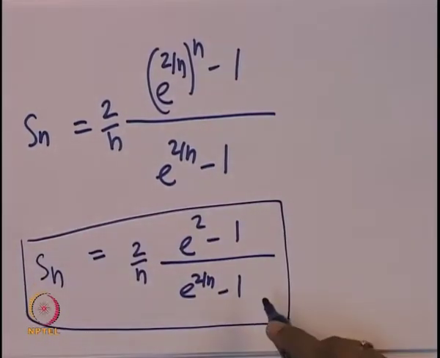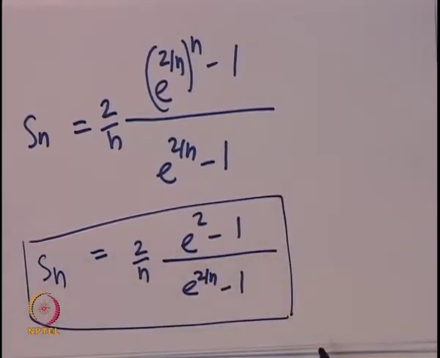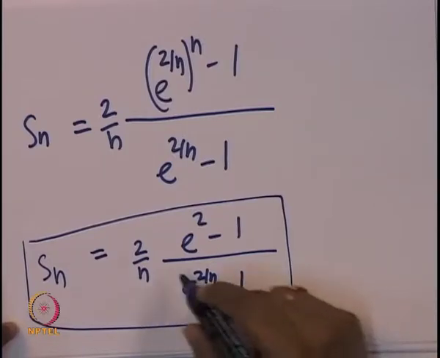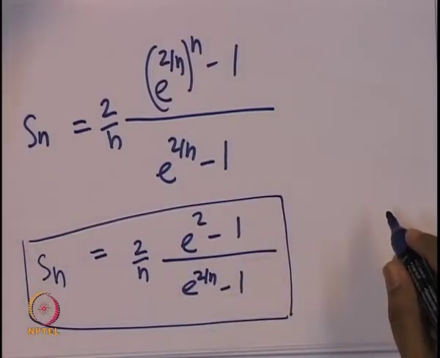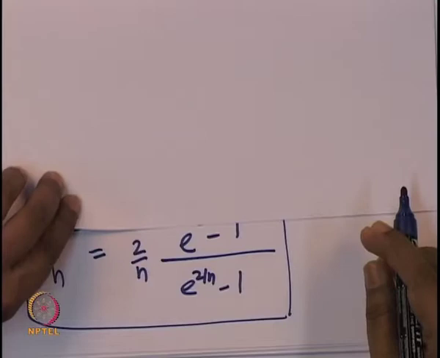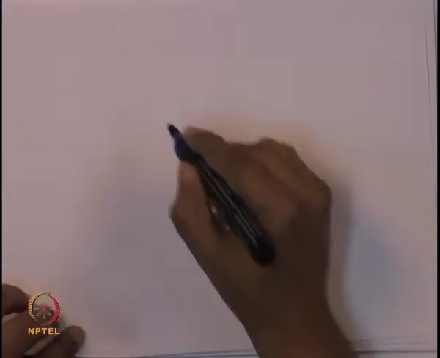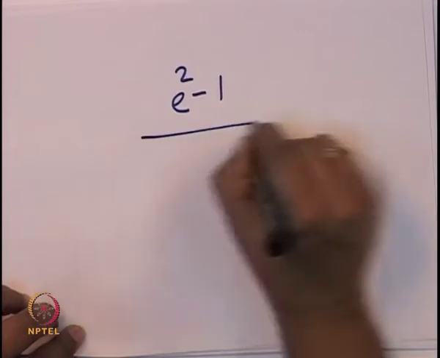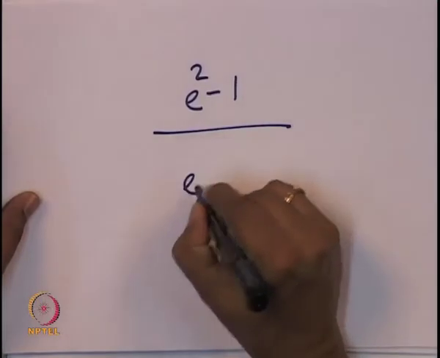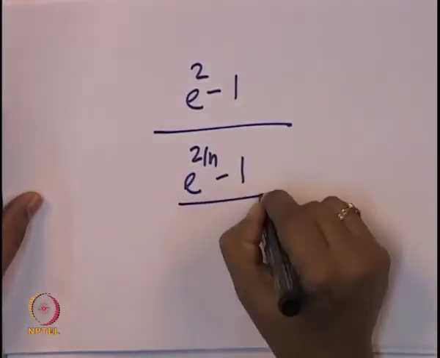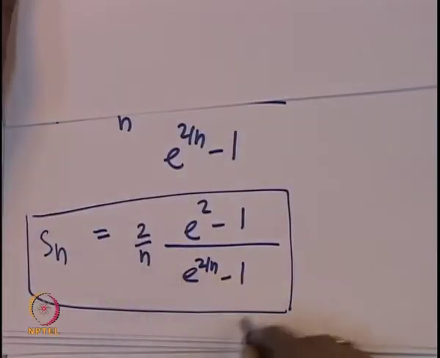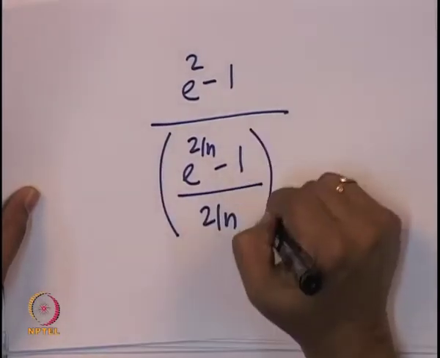Now, we have to see what this is when n goes to infinity. Let me rewrite the whole thing in a slightly different way: e square minus 1, times e power 2 by n minus 1 divided by 2 by n, with the whole thing divided by that.